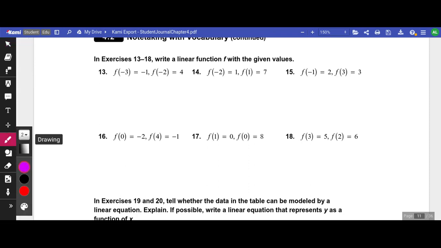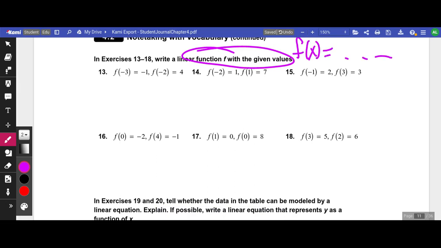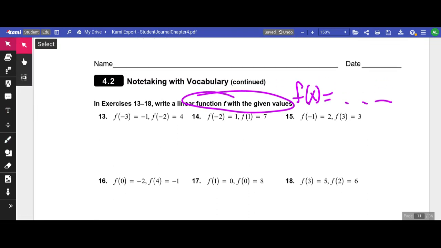The instructions are telling us to write a linear function f with the given values. Remember, function means it's in function notation, that f of x is equal to something, which we know is the same thing really as y.